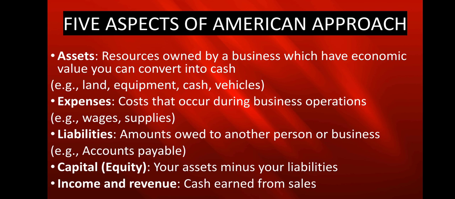For now I've just given you a brief overview. When we talk about the rules of debit and credit under modern approach, the most importance is given to these 5 aspects: assets, expenses, liabilities, capital and income. Let us try to understand the rules of debit and credit under all these 5 aspects.